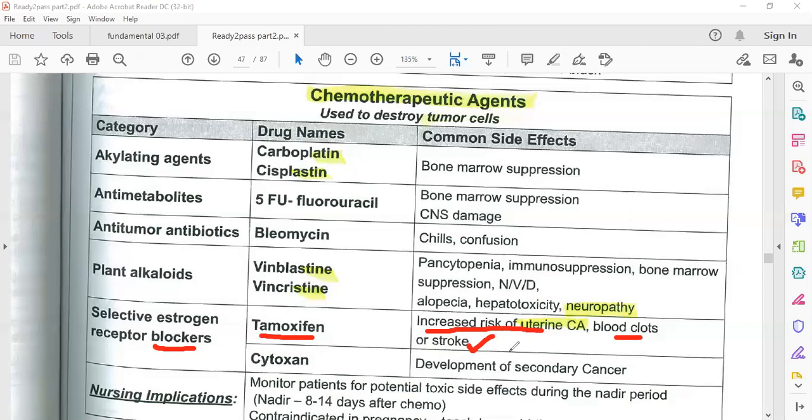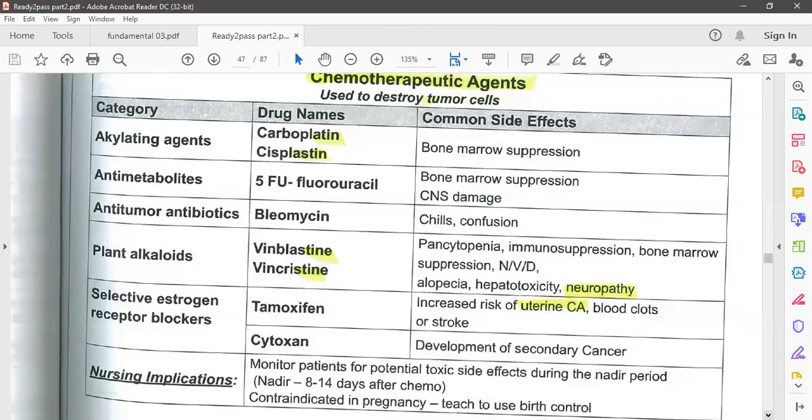Okay, so now I am going to explain some super important information for the NCLEX board regarding chemotherapeutic agents. So here, what are the nursing implementations? Monitor the patient for potential toxic side effects.